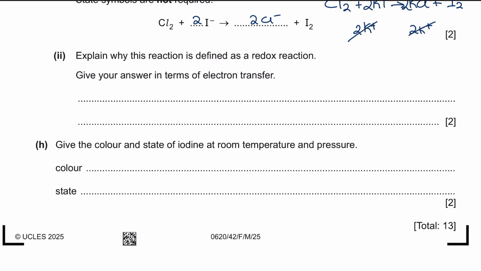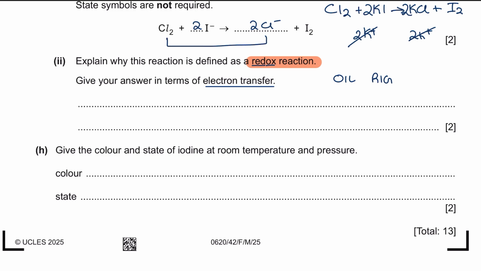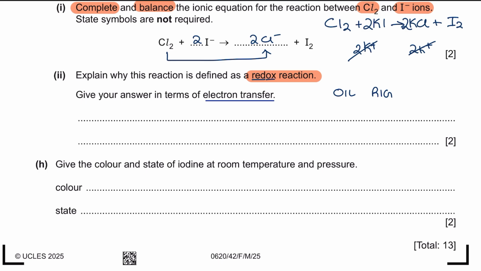Explain why this reaction is defined as a redox reaction. What does redox reaction mean? Redox reaction means that reduction and oxidation occur simultaneously in the reaction. So give your answer in terms of electron transfer. Now you need to remember OIL RIG. So chlorine gained an electron to become chloride ion. Iodide ion lost its electron to become iodine, right?